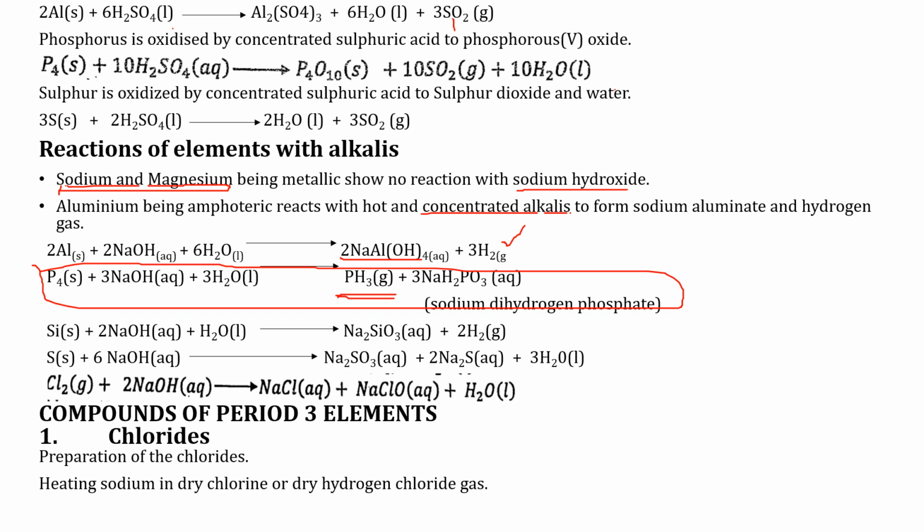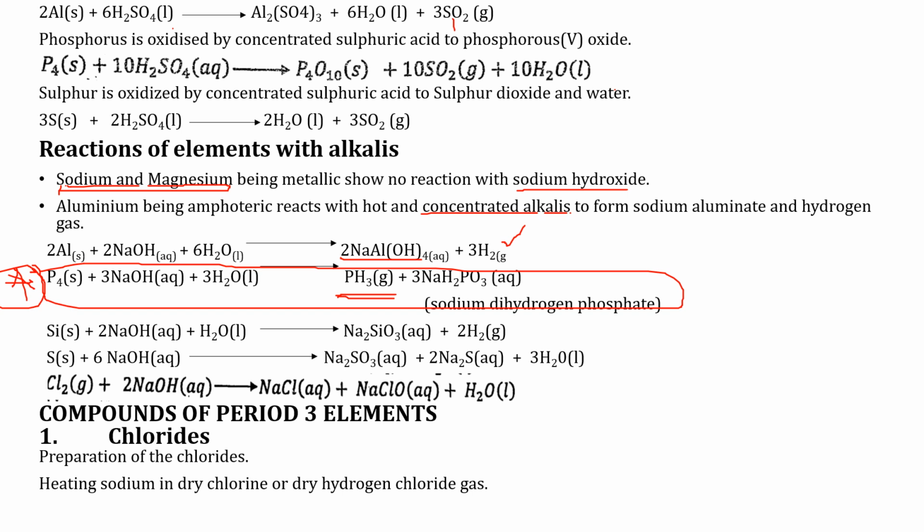So take note of this equation and always label it, so that whenever you are reading this heading, you consider it first. So silicon, as we said in group 4, is always going to react with sodium hydroxide in presence of water to form sodium silicate, and the other product will be hydrogen gas.